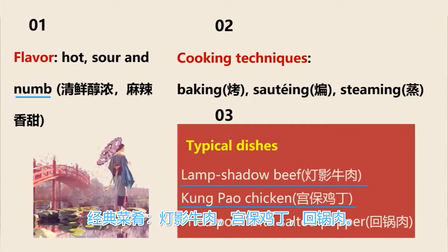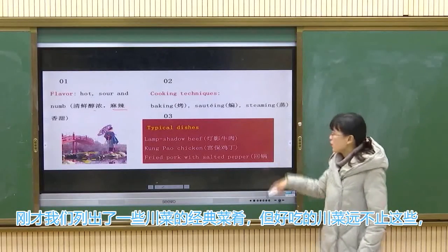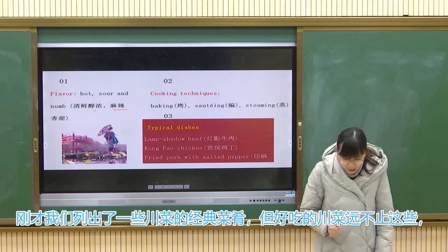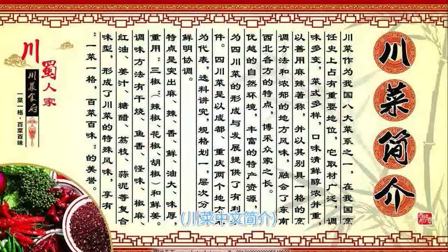And then fried pork with salted pepper, that is 回锅肉. Here we just mentioned some typical dishes of Chuan cuisine. Actually, Chuan cuisines are far from limited to these examples. And let's go on with the next page.